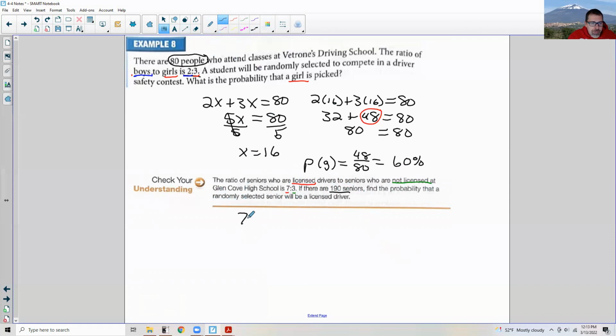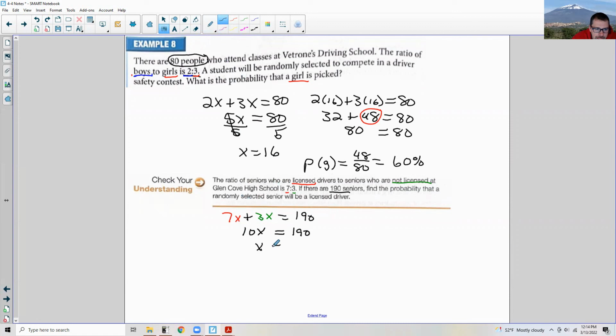So we say 7x. Let me just do it with color. Hang on, another coughing fit here. Okay. 7x plus 3x equals 190. 7x plus 3x is 10x.